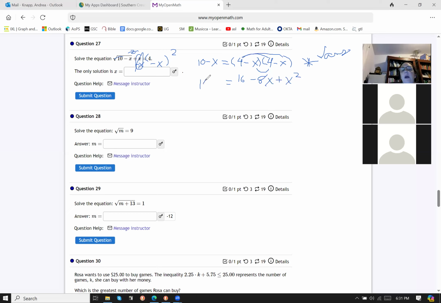Now we've got a quadratic. So in order to solve this, we're going to get 0 on one side and everything else on the other. So I'm going to subtract 10 from both sides in order to get 0 over here on the left. And I'm also going to add x to both sides.